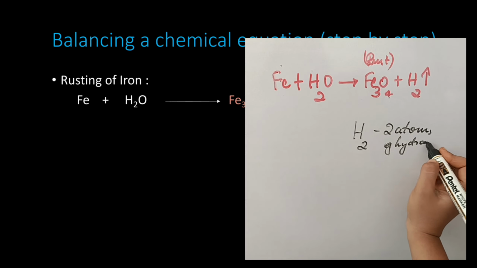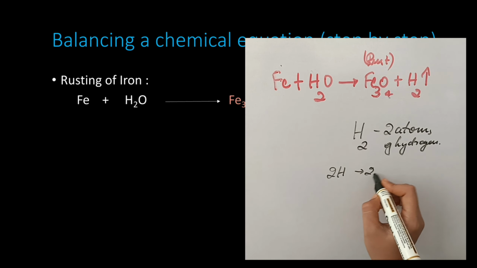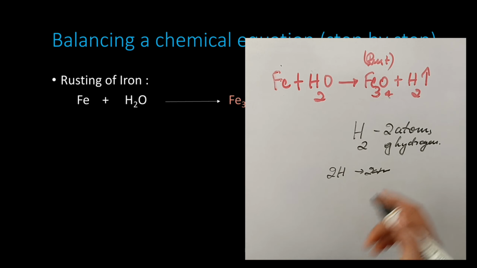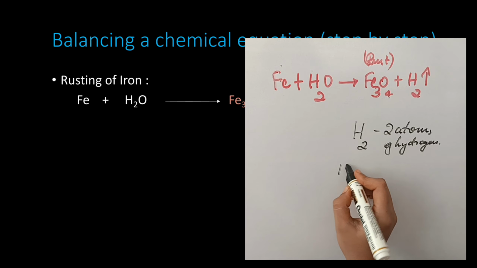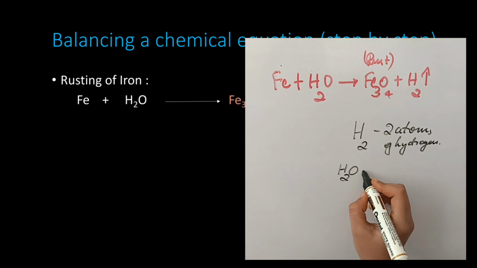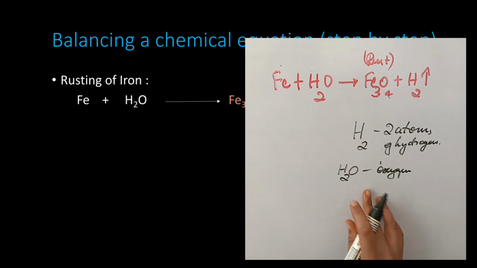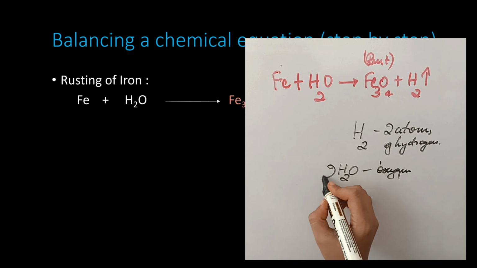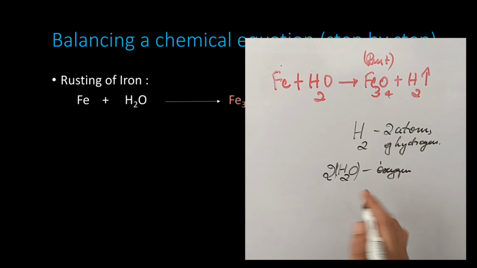Even if 2H is written like this, it is 2 atoms of hydrogen. Everybody understands that. Now, if I write H2O, there's one oxygen atom also. One atom of oxygen. If I add 2 in front of H2O here, now what happens?